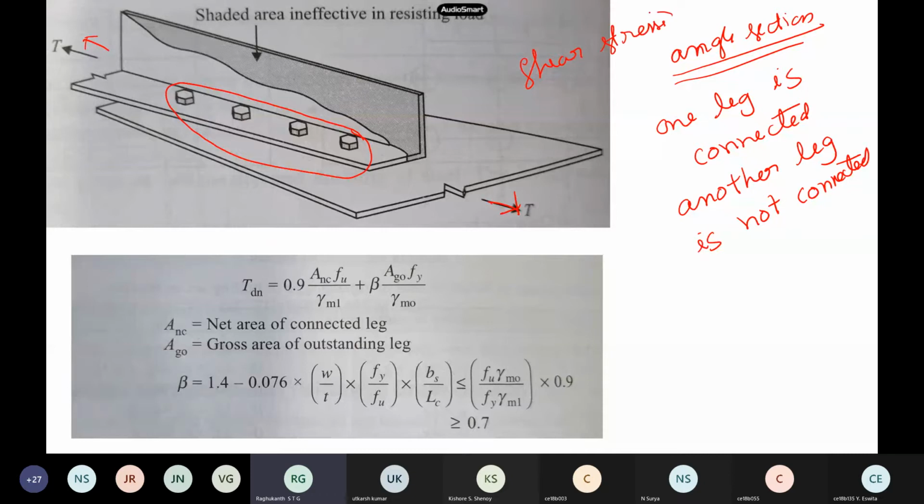Now the problem is that the shear stresses are not getting transferred uniformly, because one leg is connected and the other leg you have left just like that. So this portion is approximately ineffective. Here there is no stress, you followed, right? So there is nothing here.